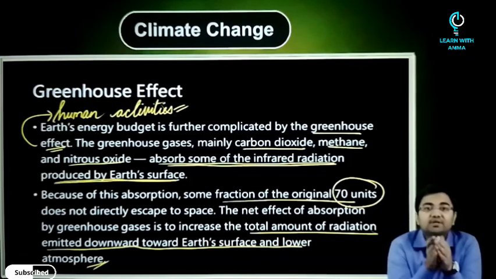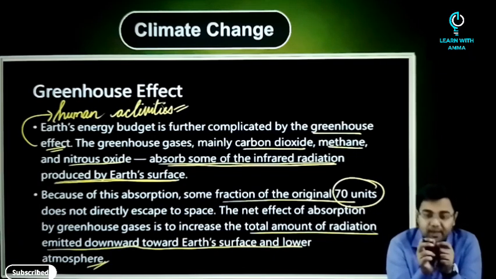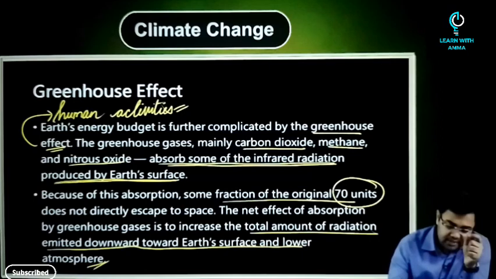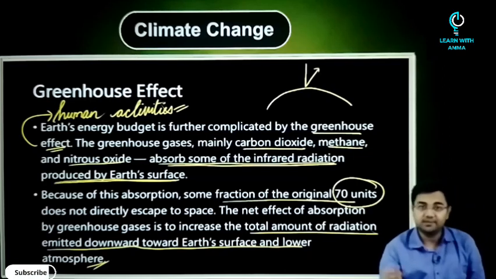Now, because the greenhouse gases emit the same amount of radiation they absorb, and because this radiation is emitted equally in all the directions, what happens is, why are we saying all the directions? Because normally, if this is the earth, the sun's radiation would come like this and go like this, right?